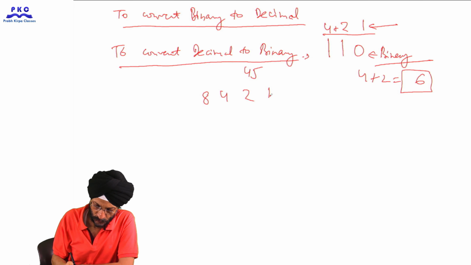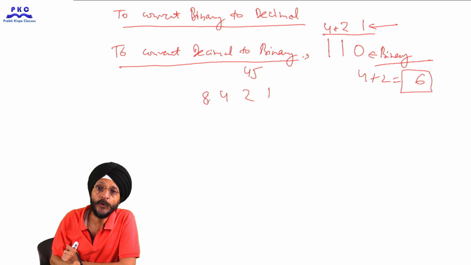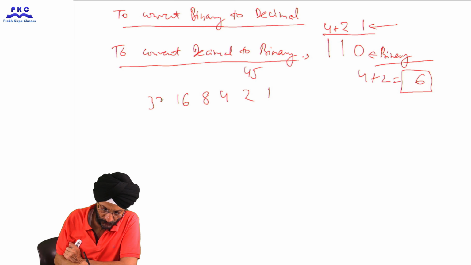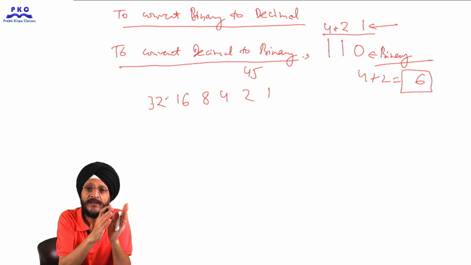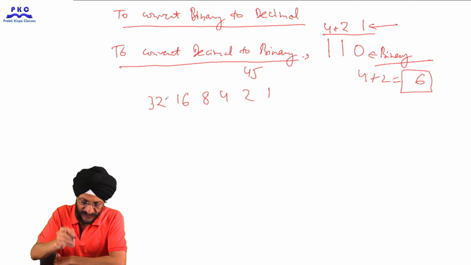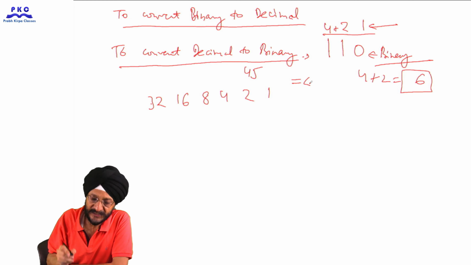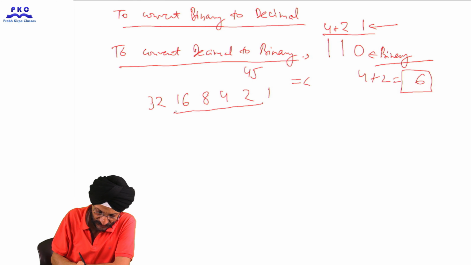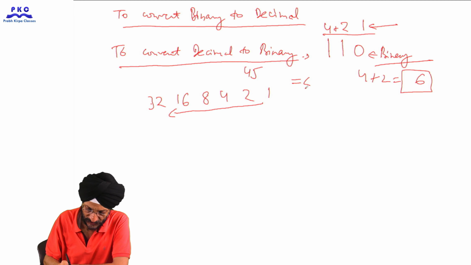Go on multiplying by 2 from the right hand side. 1 multiplied by 2 is 2, 2 multiplied by 2 is 4, 4 multiplied by 2 is 8, 8 multiplied by 2 is 16, 16 multiplied by 2 is 32. We will go on writing these numbers until we get a value which is equal to 45 or less than 45.